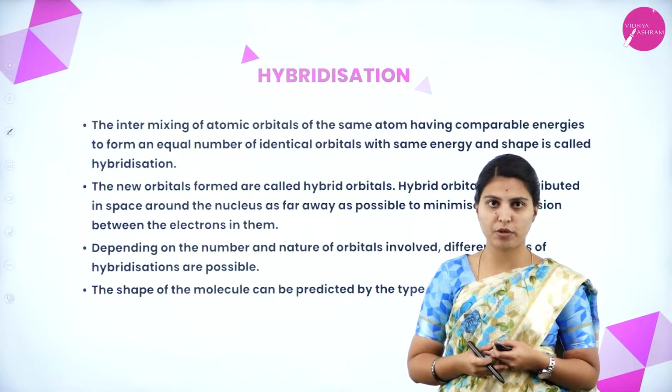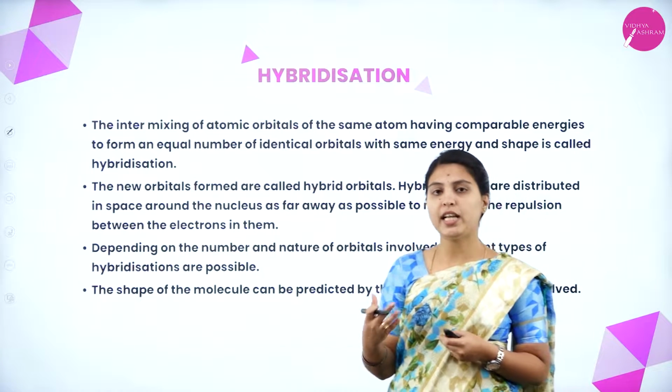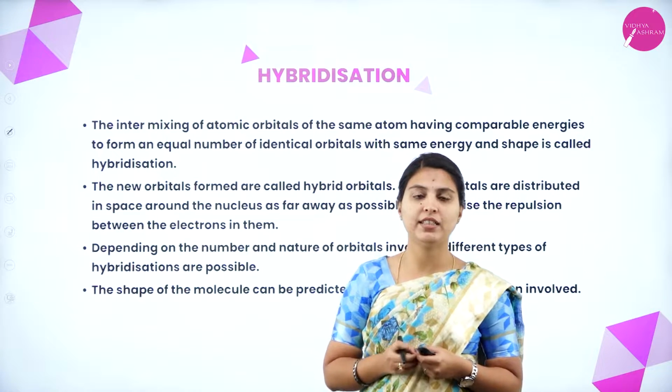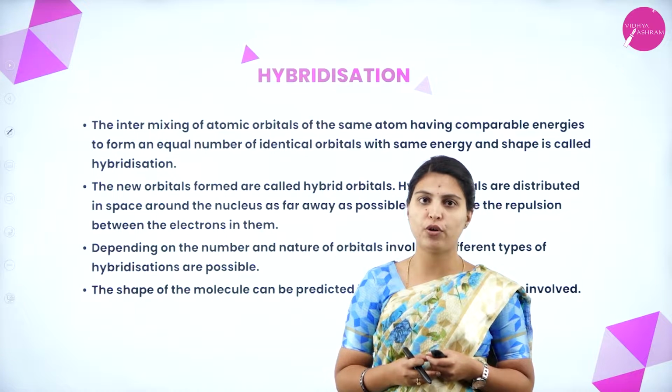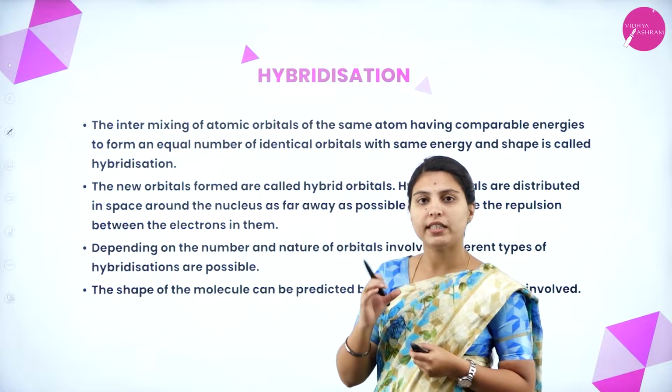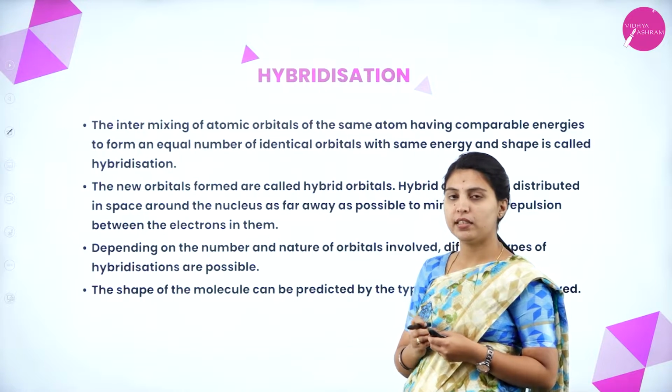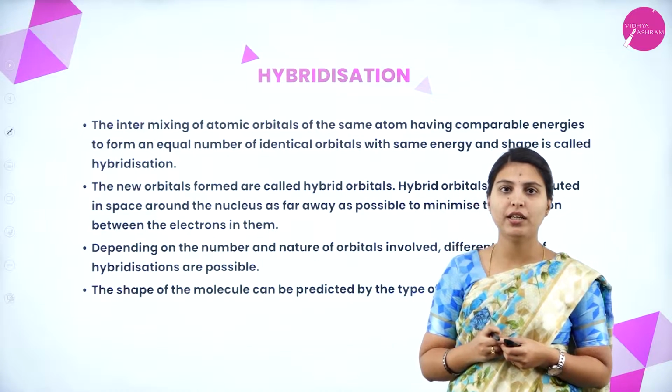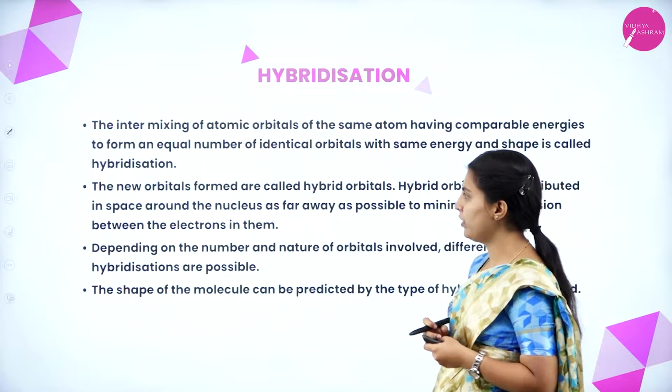We know the types of orbitals. So if those types of orbitals get intermixed, new hybrid orbitals with comparable energies will form. The intermixing of orbitals to form new hybrid orbitals, we call hybridization.